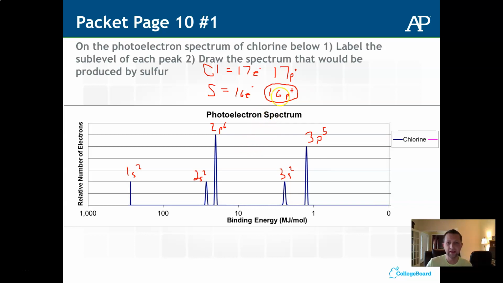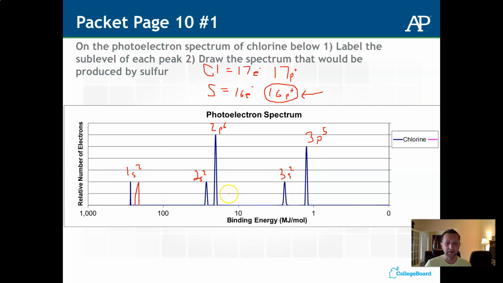So ask yourself, if it's easier to remove electrons from sulfur, where will those peaks lie on our readout? Well, where is it easier to remove electrons? It's easier as you move to the right, okay? Because our binding energy looks at 1,000 over here and it's 0 over here. So the first peak for sulfur is still 1s2. You know, take a guess here, it'd be about right there.